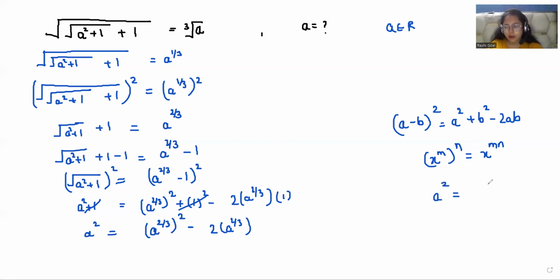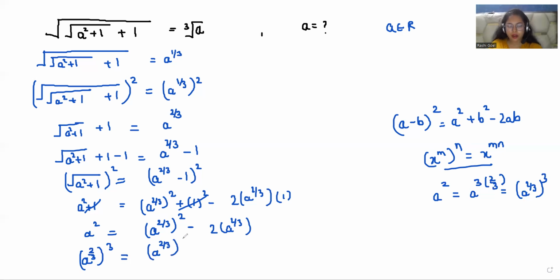If I multiply and divide, I can write it as a power 2 by 3, cubed as well. So I'm going to replace this. So (a power 2 by 3) cubed is equal to (a power 2 by 3) squared minus 2 a power 2 by 3. Now in all the terms, we can see that a power 2 by 3 is common.